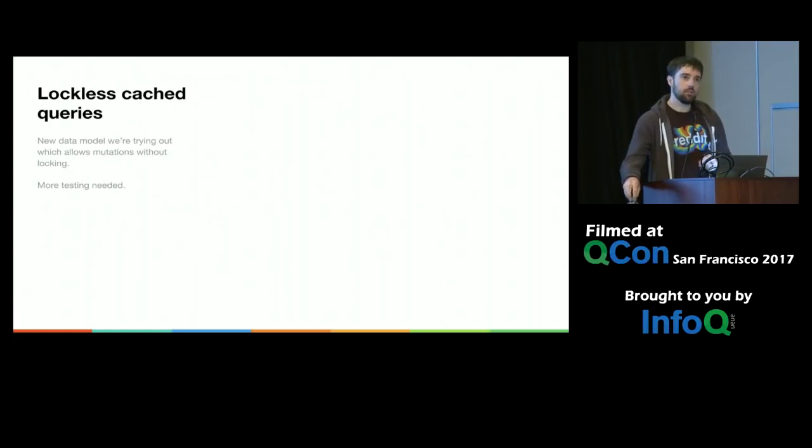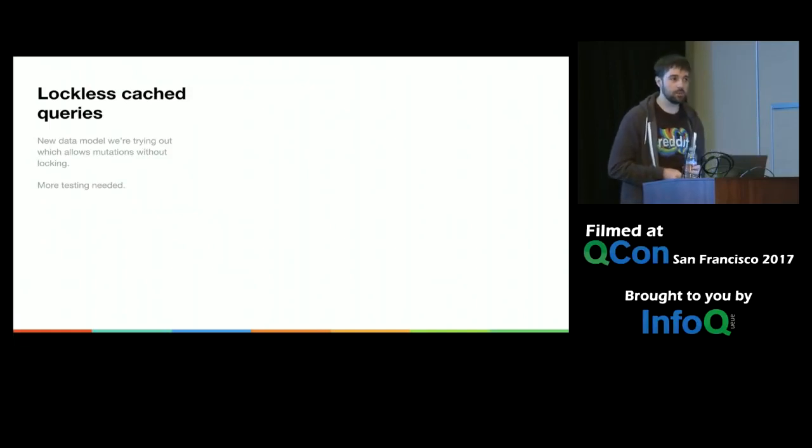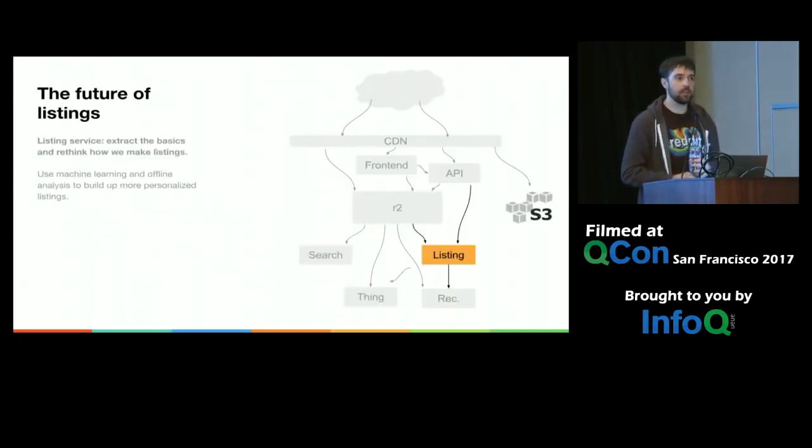And so going forward, we've got some new data models that we're trying out for storing those cache queries in a lockless way. It's pretty interesting, and it's been promising so far, but we haven't committed fully to it yet. And more importantly, we're starting to split out listings altogether. So we've got this listing service, and the goal of it, and we have a whole team working on it, is to make relevant listings for users.